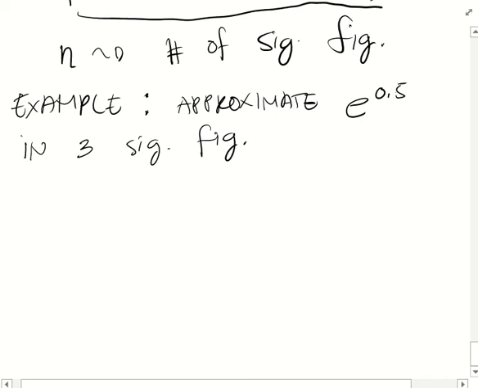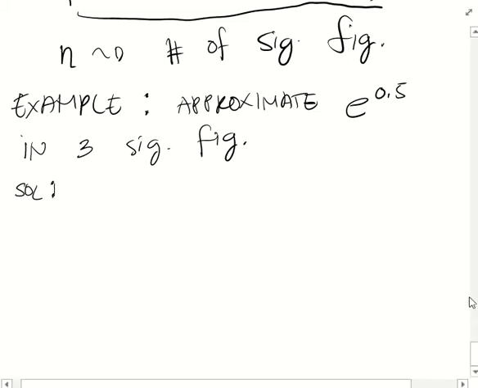You can use a calculator to solve this one, but we will not use your calculator, we will use numerical analysis. We approximate it. This is just a very straightforward example.